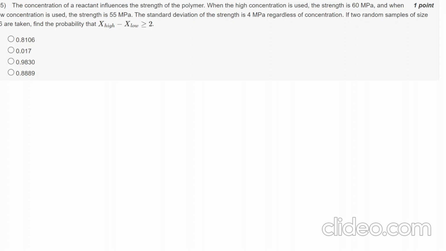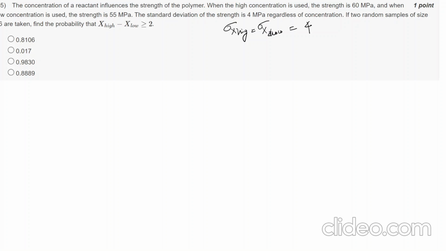So the question is the concentration of the reactant influences the strength of the polymer. When high concentration is used, the strength is 60 MPa, and when low concentration is used, the strength is 55 MPa. The standard deviation of the strength is 4 MPa regardless of the concentration, which means sigma x high equals sigma x low equals 4.